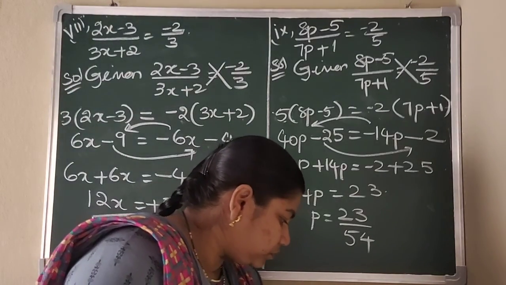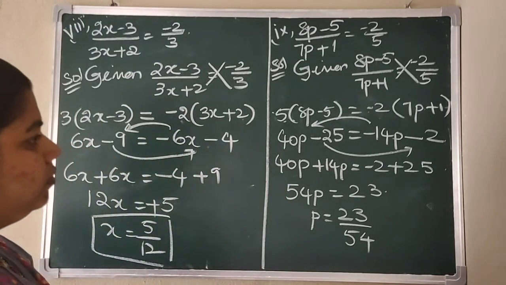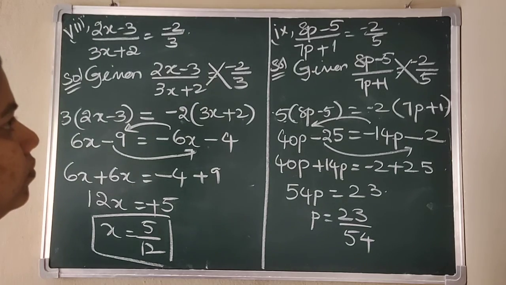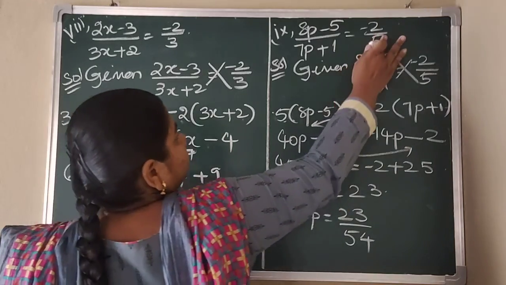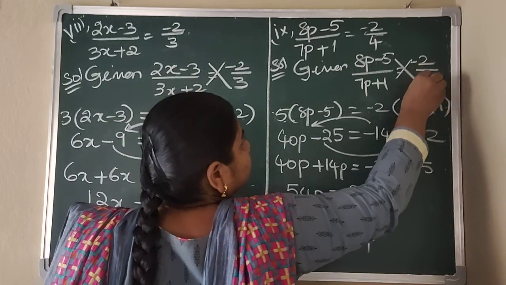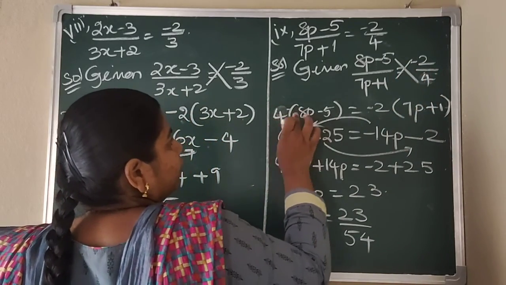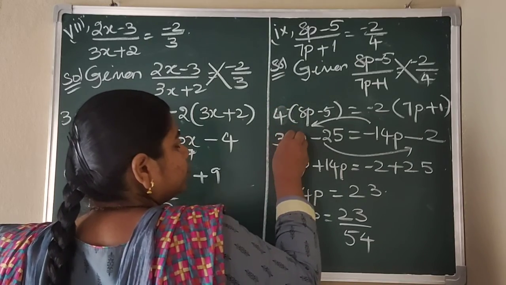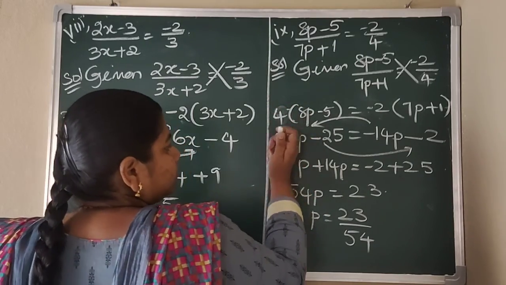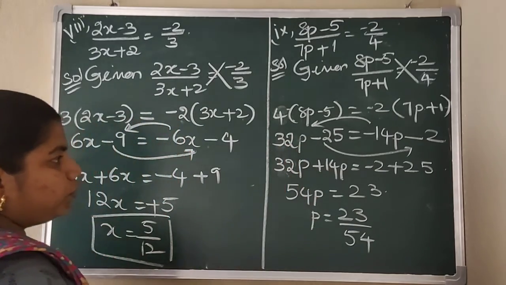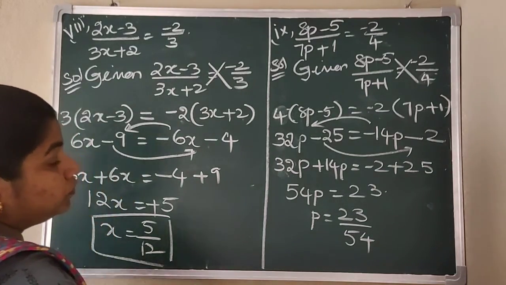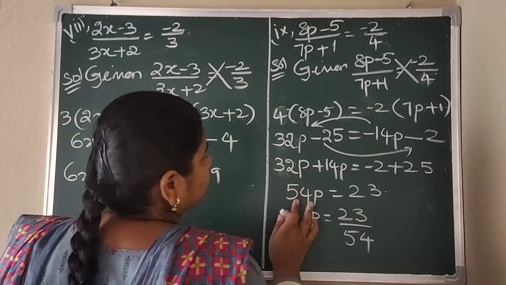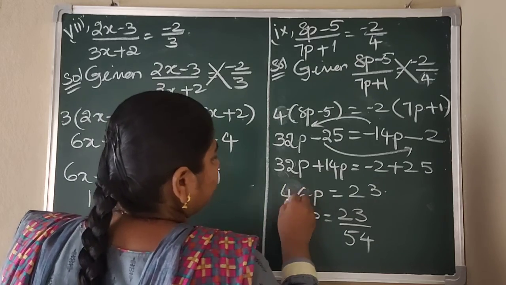So can we solve this? Sorry, it is 4. 8 4s will be 32, plus 14 is 46.